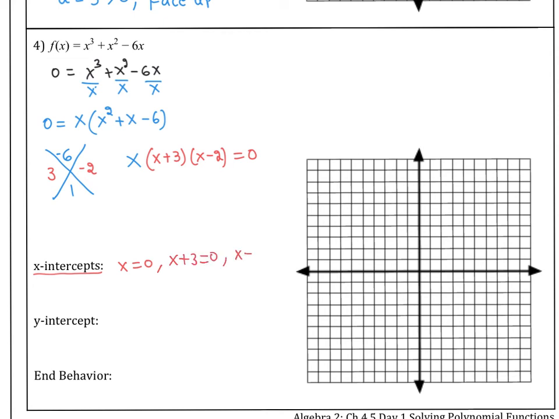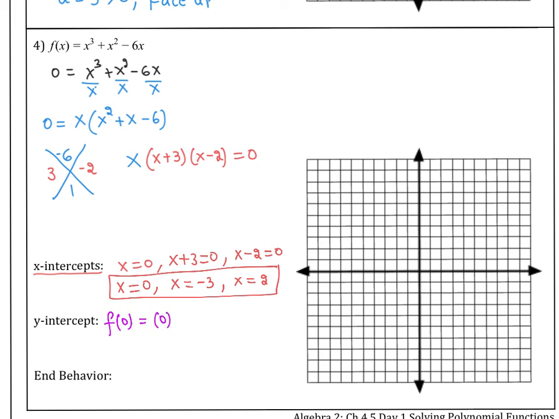And then x minus 2 equals 0. So x equals 0, x equals -3, and x equals 2. So the 3 x-intercepts. When you find the y-intercept, you're going to plug x as 0. So only the constant is going to be your y-intercept. Here I do not have any constant, so it's going to be 0.